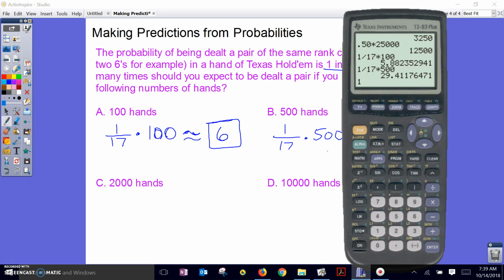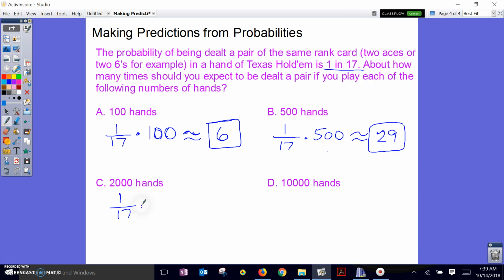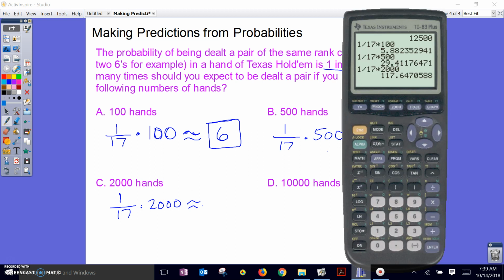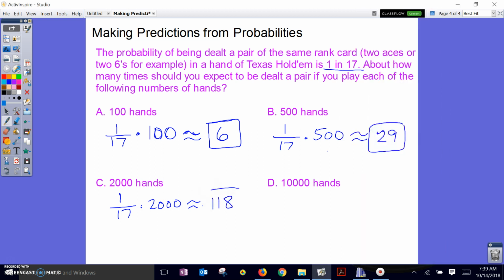It really shows you how rare it is to get dealt a pair in this particular game. We do the same thing in part C. We take the probability of getting dealt a pair times the number of hands we're dealt. And we'll say we should get a pair about 118 times if we're dealt 2,000 hands.